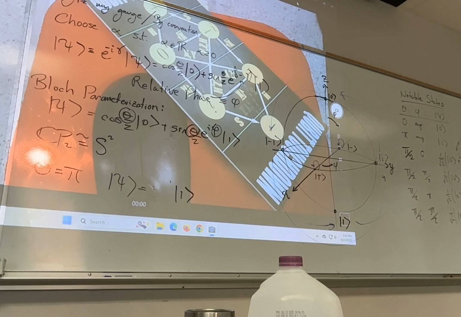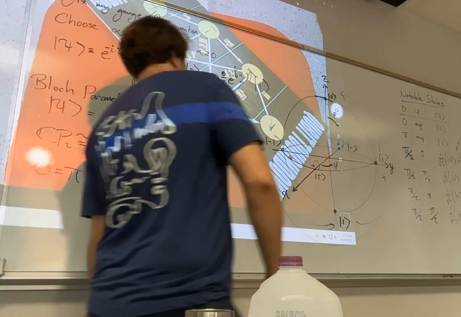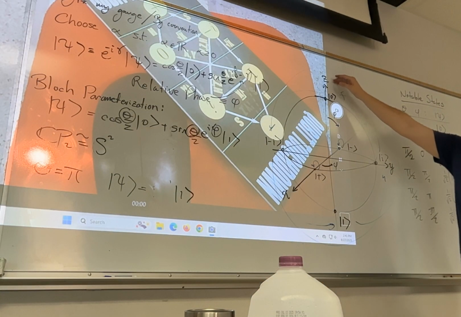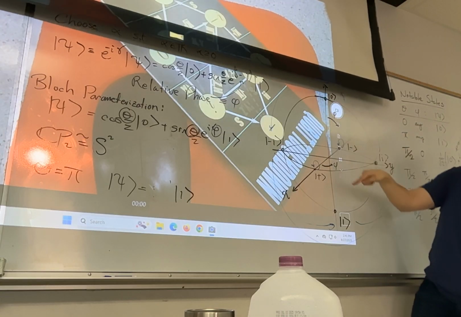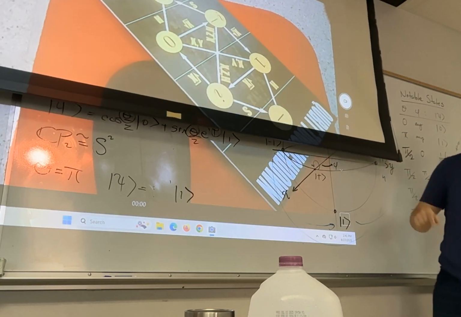And for the same reason as before, I get 1 over root 2, minus 1 over root 2, which is the minus state, right? So apparently Z acting on this is the minus state, which jives with our picture here, because if I rotate this, it should go to the minus state, right?